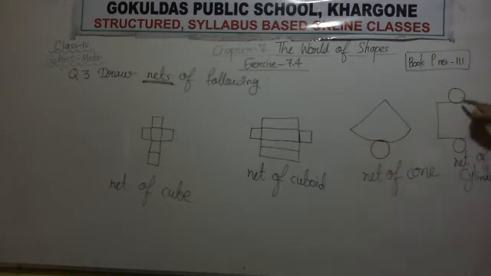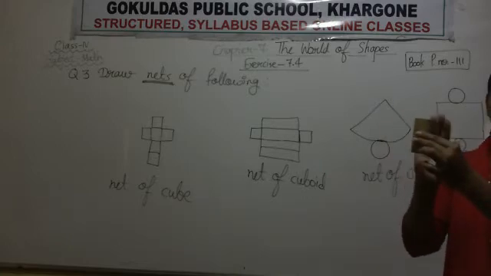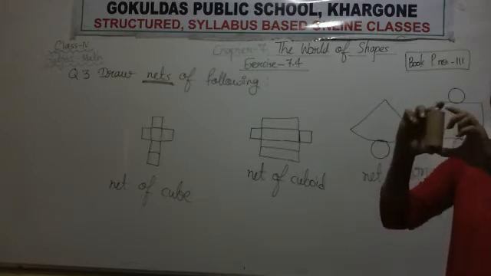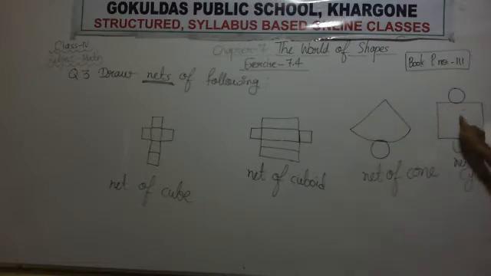So the top and base of the net are circular, and the curved surface between these two, when we open it, looks like a rectangle. So it is a net of a cylinder.